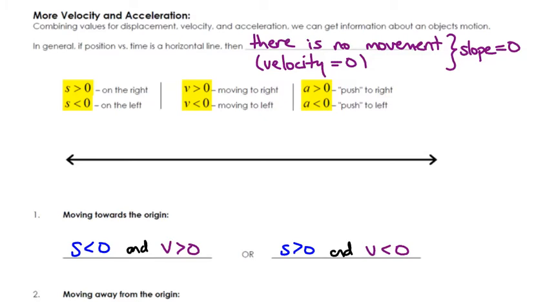So let's kind of explain it one more time, but maybe with the number line. So we'll just say this is, I don't know, like your house or the origin, like your starting point. Okay, and as a number line, we'll go, this is +1, +2, +3. This is going to be -1, -2, -3. Okay?